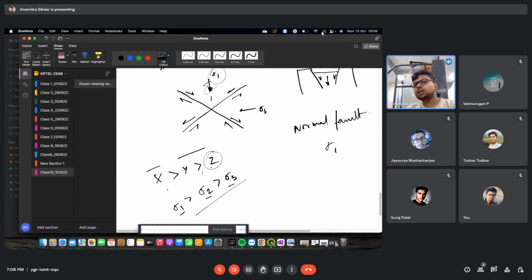In the engineering convention, you consider compressive stress as positive and tensile stress as negative, right? Right now I am going by that convention only. But there will be some books in which you will see that sigma 1 is the extensional direction.